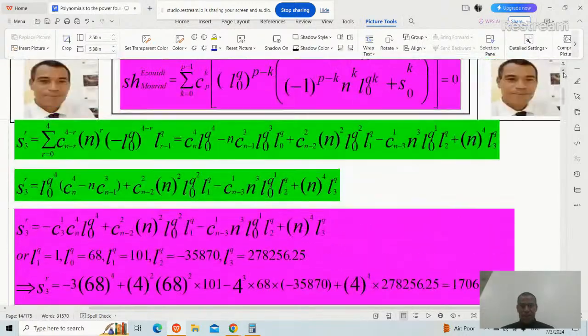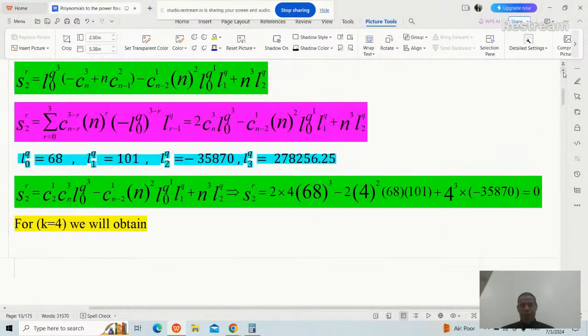I need just the first four coefficients, so I'll write this.